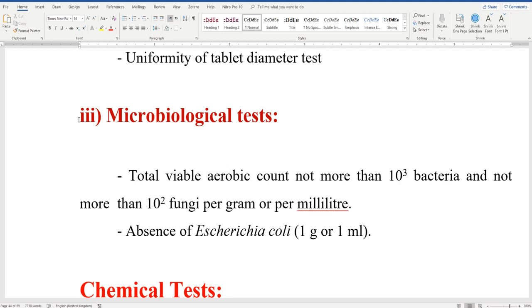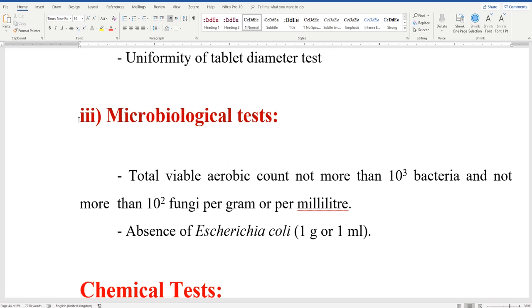Because our mouth contains microorganisms, our intestine contains microorganisms, a lot of our body contains microorganisms. But it's important for tablets not to contain pathogenic microorganisms. This should be completely absent, yes. But for other microorganisms, there should be a limit. And if there is a limit, we call it hygienic.